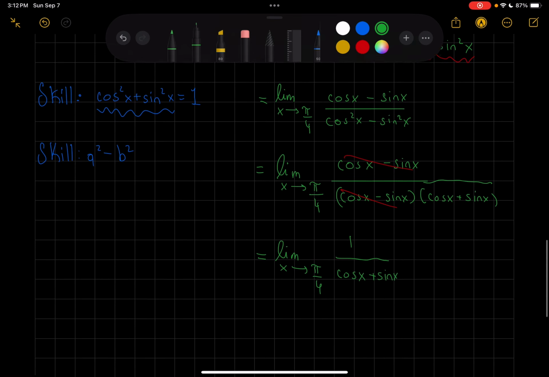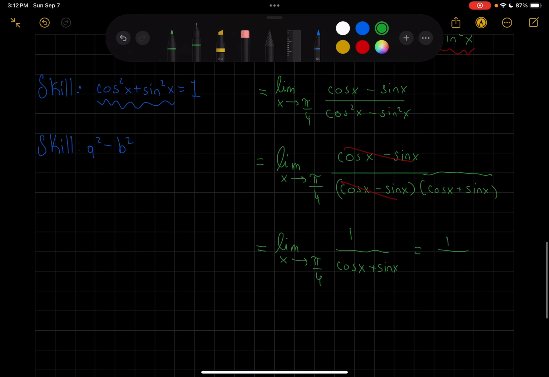Now, if you replace pi over 4, so cosine pi over 4 is basically square root of 2 over 2. And sine pi over 4 is going to be square root of 2 over 2, which is going to be 1 over 2 square root of 2 over 2, which will be 1 over square root of 2, which is in fact also square root of 2 over 2. But you can just do it on a calculator and it will give you the answer.